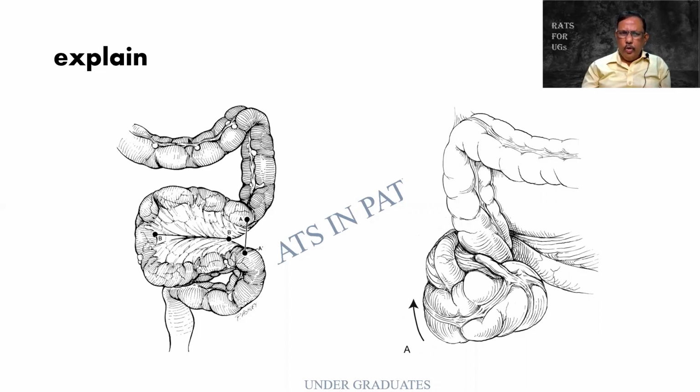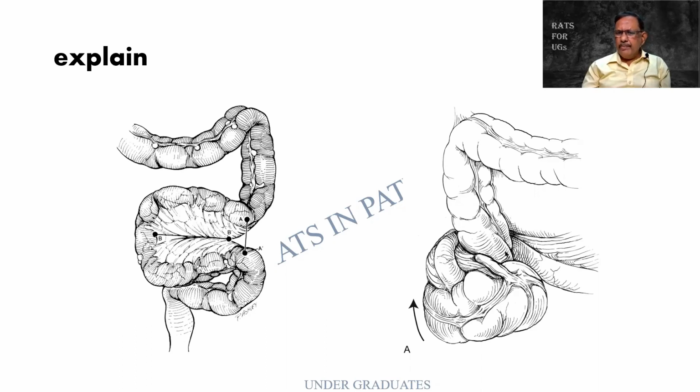This is a loop of the intestine. This is the mesentery that is supporting the intestine. And these can be the blood vessels and their branches. I hope you are able to understand. Intestine, mesentery, blood vessels, branches.